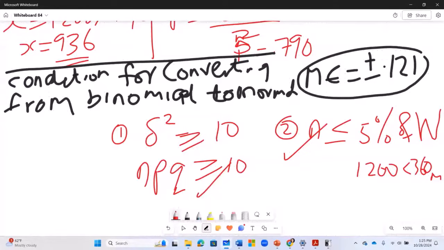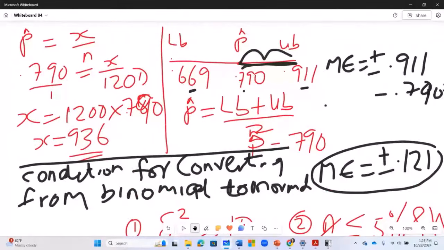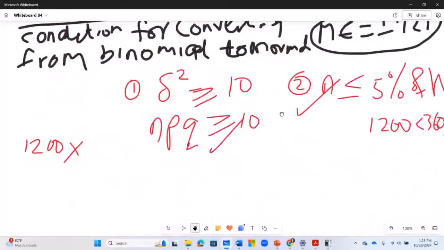Condition number one is sample size 1,200 multiplied by the probability of success, which we calculated: 0.790, and the probability of failure is 1 minus 0.790.